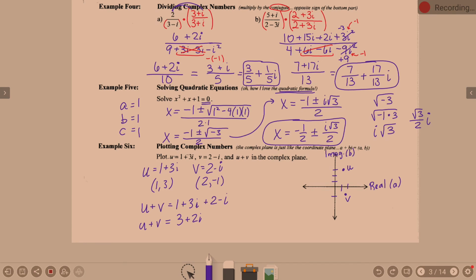And what is that as an ordered pair? 3 comma 2. So I'm going to go right 3, up 2, and there is U plus V.